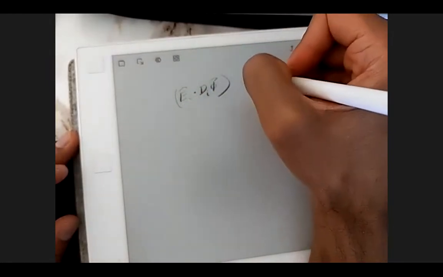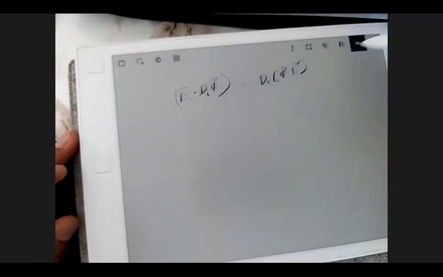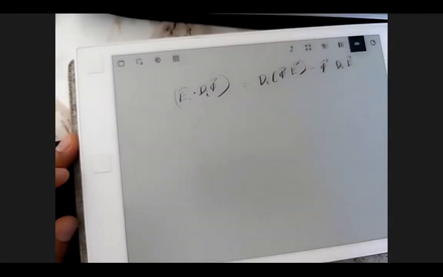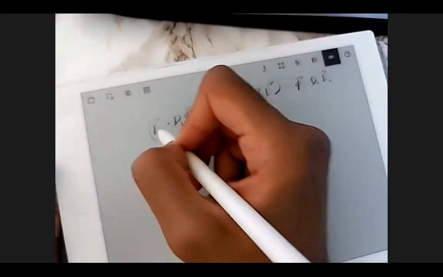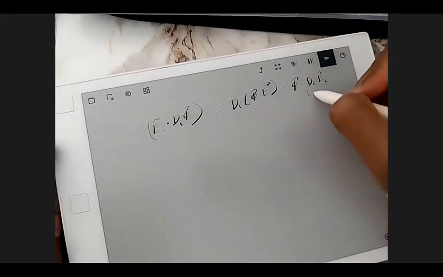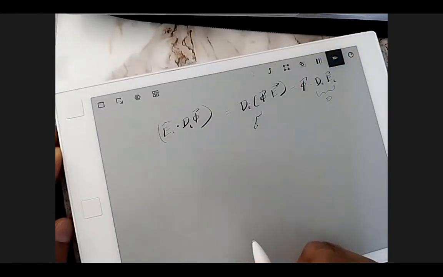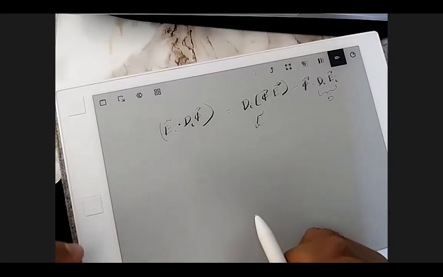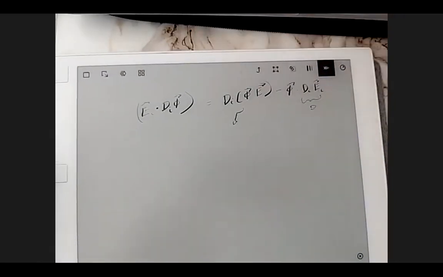I can write this as di of phi dot E minus phi dot di Ei. And if I know this is 0, then I just have to process this term, which is sort of the idea here. And basically that's where we're getting the boundary term from.